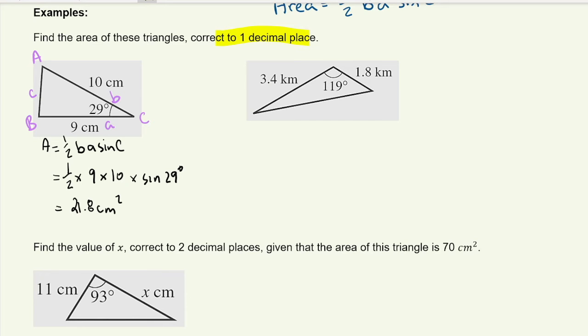Okay, let's check out our second example there. Same idea, let's label some sides. Okay, so we've got our sides labelled. Let's use our formula.